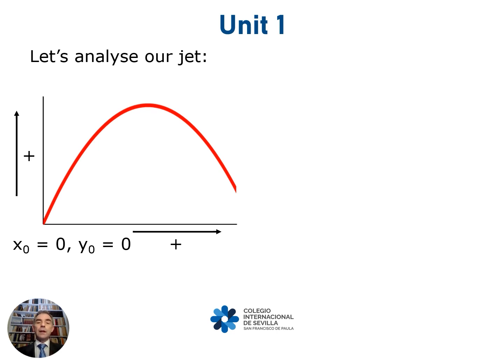Let's get into the motion itself. At the initial point, we have the initial speed. Velocity is always tangent to the trajectory in any movement, any kind of shape the trajectory has. So to define the initial velocity, we will draw an arrow tangent to the trajectory on the original point, on the origin of the trajectory.